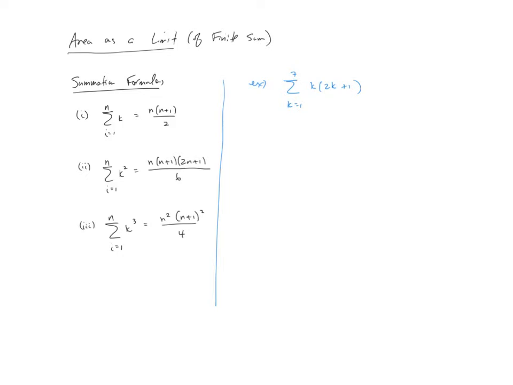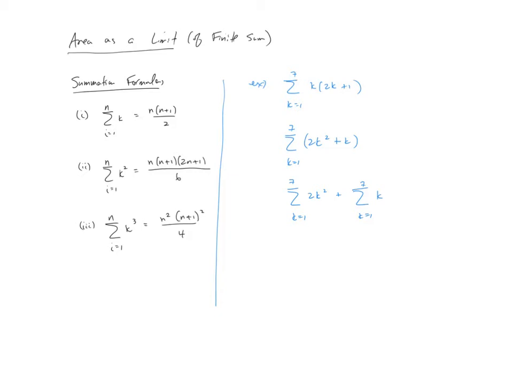To do this, I would first distribute the k, and then distribute the sum. So that's going to be the sum from k equals 1 to 7 of 2k squared plus the sum from k equals 1 to 7 of just k.